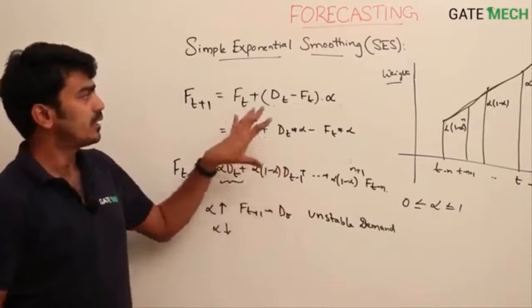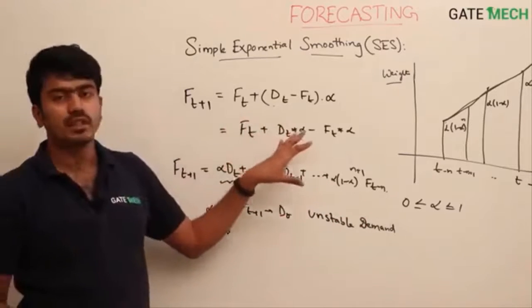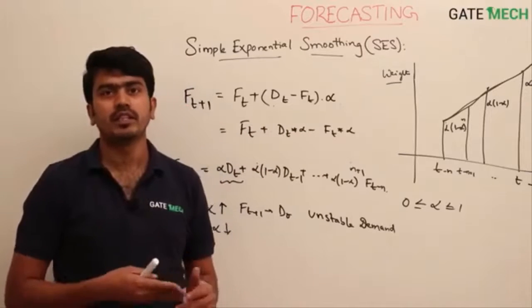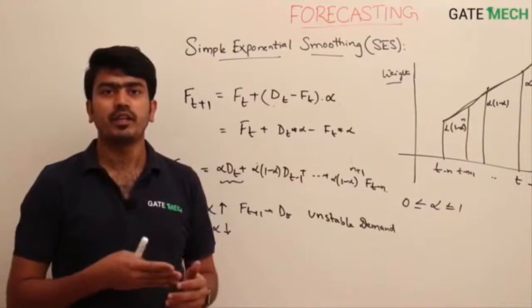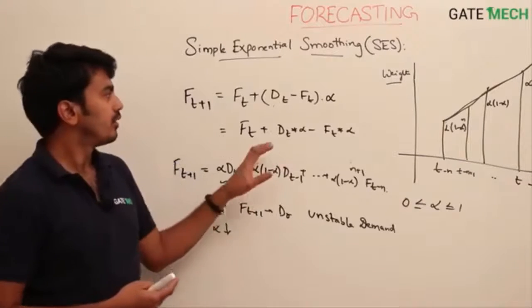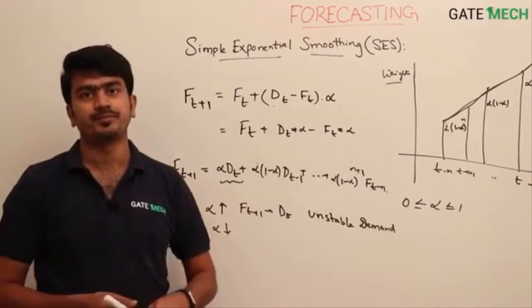So please understand the theory behind this, and remember the expression that is required. Basically it considers the error in the previous forecast, it gives different weightages for different data observations, and it considers all the past data observations in arriving at the forecast.